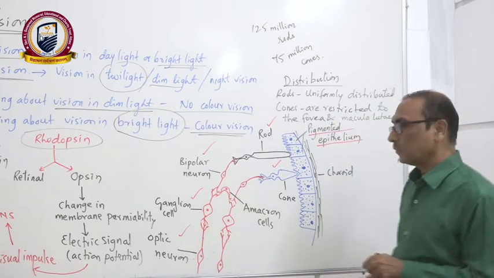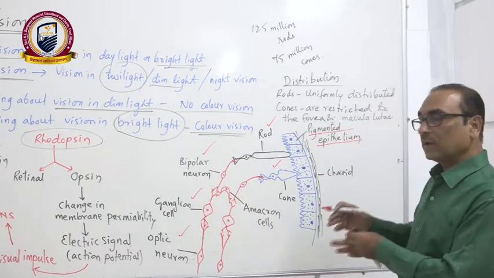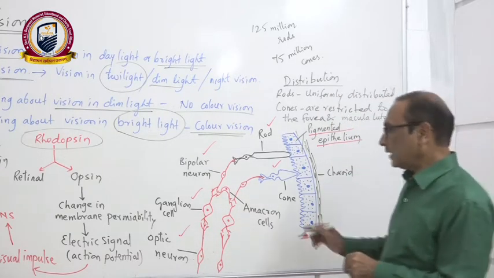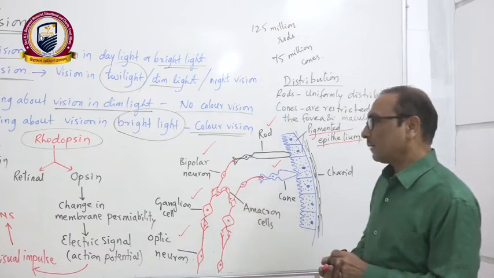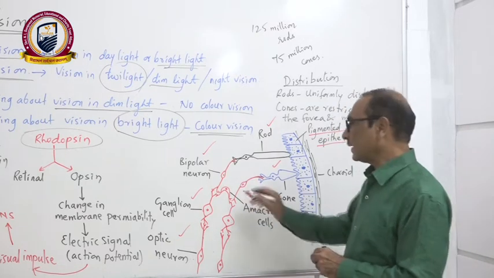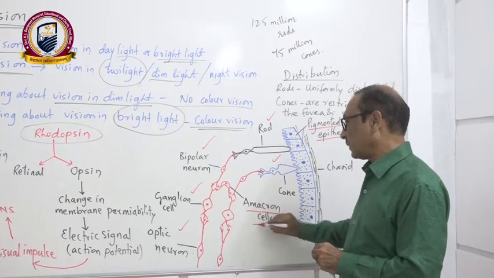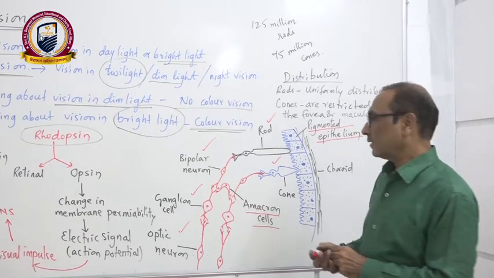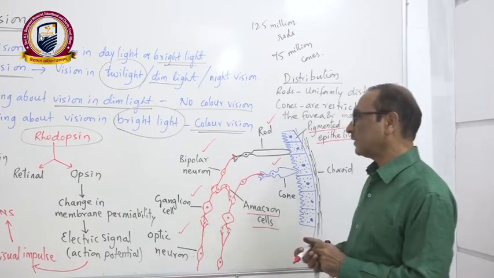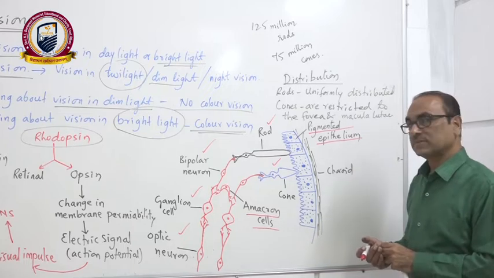So all the optic neurons together will form the optic nerve, and in between the bipolar neurons there are some connecting neurons, transverse neurons, like amacrine cells, right? They bring about the interconnection between the different bipolar neurons.